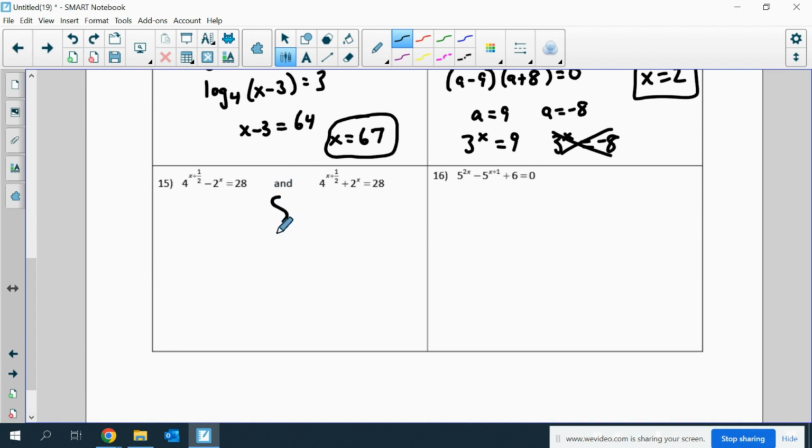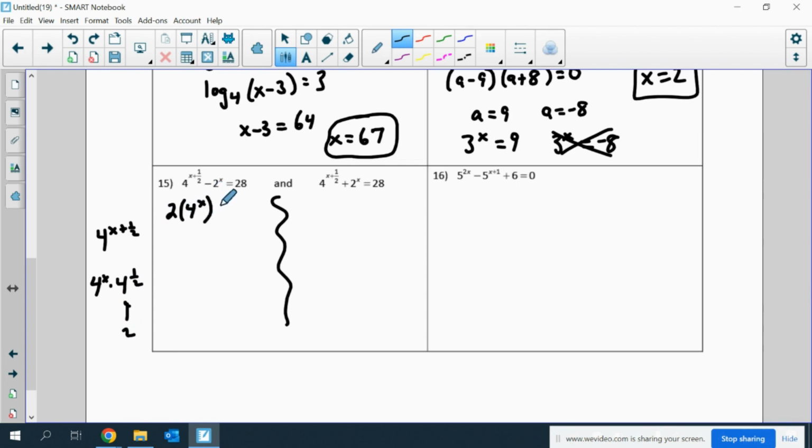Number 15, 4 to the x plus 1/2 power. Now if I think about what that means, 4 to the x plus 1/2 power is the same thing as 4 to the x times 4 to the 1/2, because when I add the exponents, that's the same thing as multiplying two things with the same base. 4 to the 1/2 is really just 2.